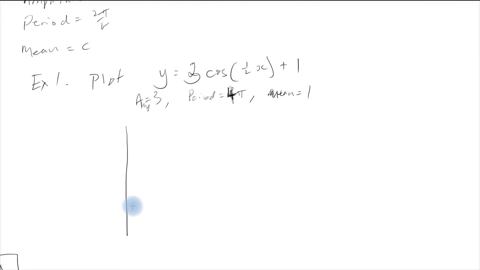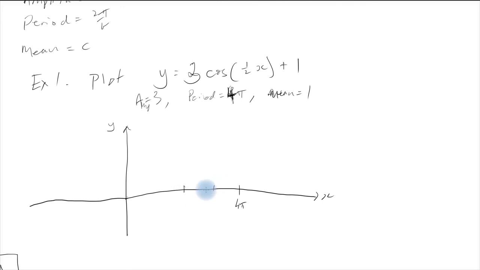Here we go. Set of axes. Okay, now I'll do my dilations first. So first I'll show my period of 4 pi. It's going to have a period of 4 pi, and then it's going to repeat after that. So I'll put my 4 pi here. Now there's going to be a halfway point.